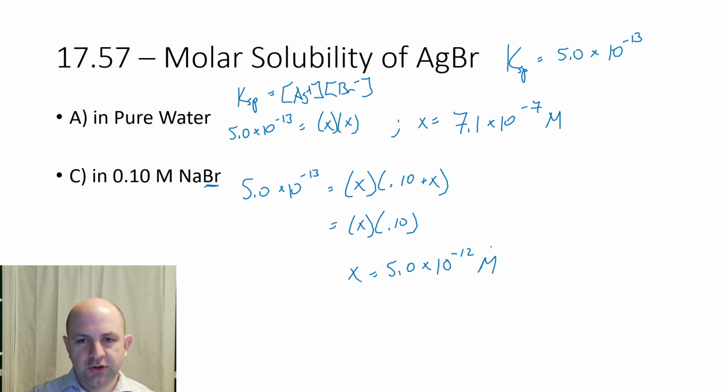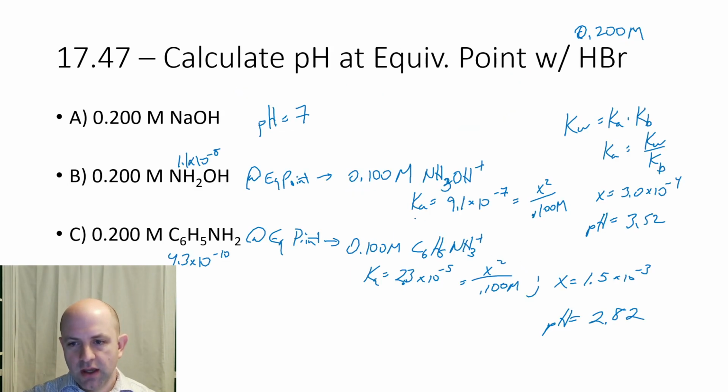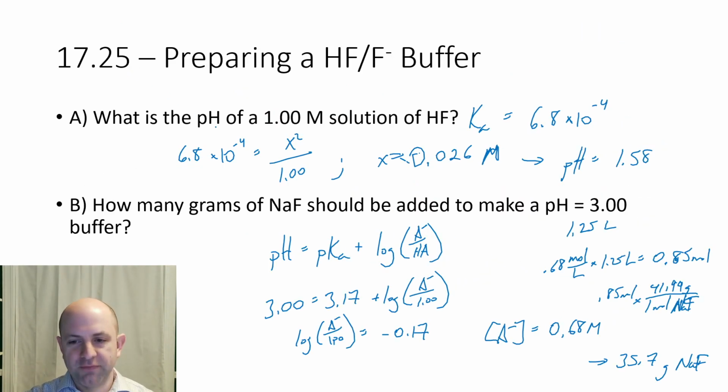Like I said, the trickiest part is sometimes, like in problem 25 here, when we're doing Henderson-Hasselbalch, the total volume didn't matter to find the molarity, but the volume did matter to find out moles and grams. So sometimes the volume matters, sometimes it doesn't.